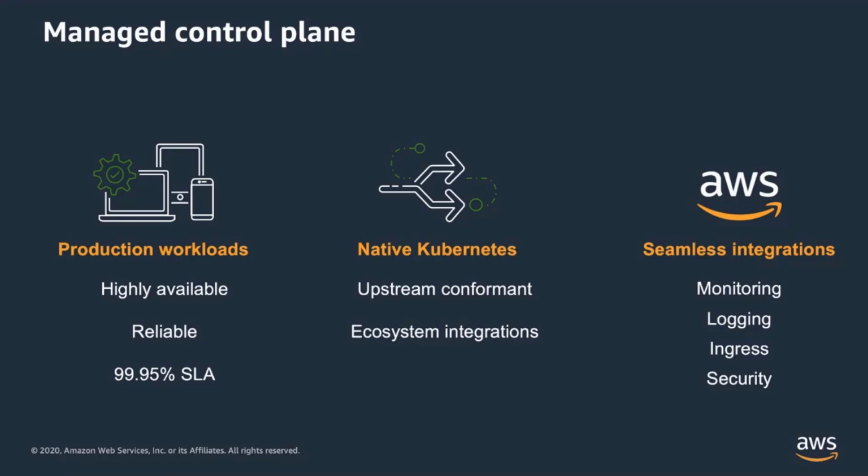In addition, customers operating in regulated industries, or customers who are serving their customers who operate in regulated industries, can leverage the work that AWS does to ensure that Amazon EKS is compliant with several industry standards, including FedRAMP high and moderate baselines, and several others, including HIPAA.